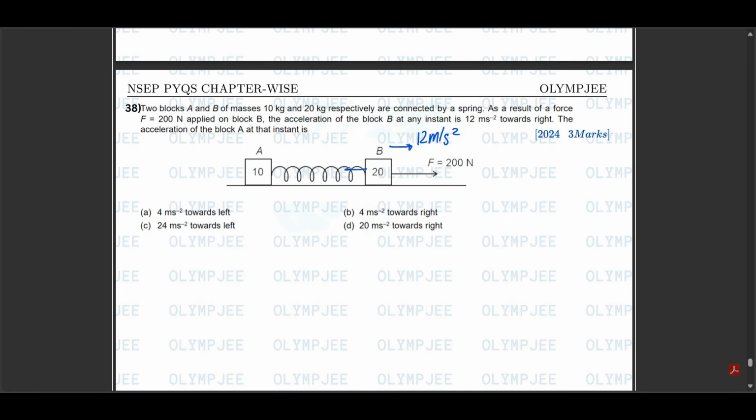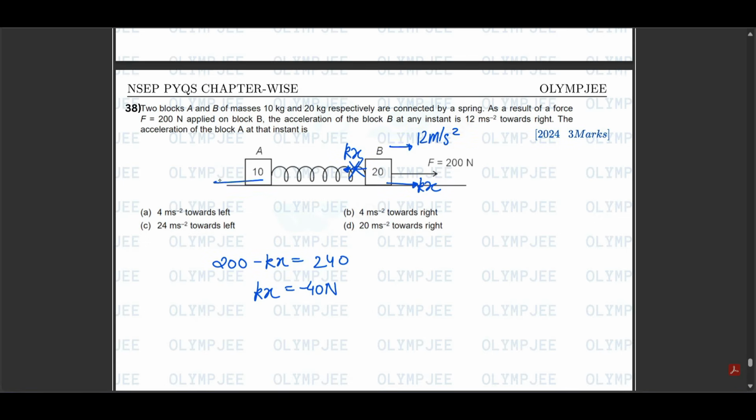So if we assume that the spring force is in this direction, then we'll find out that 200 minus kx is equal to 20 multiplied by 12, which is 240. So kx would be minus 40, which means that actually kx is not acting in this direction, and rather it is acting in this direction, which means that the spring is compressed because the force is outwards.